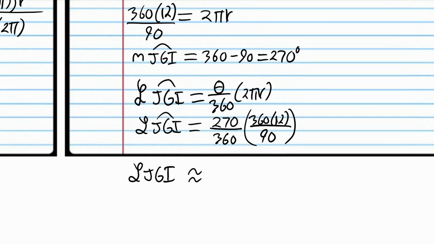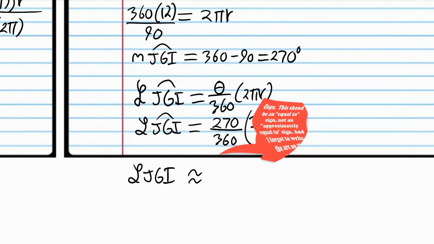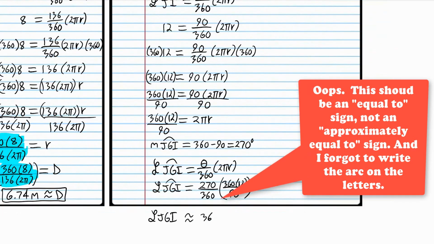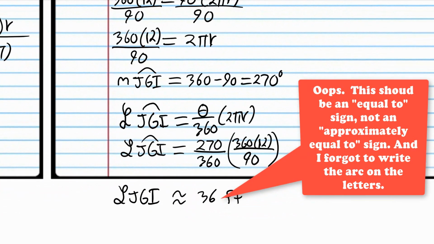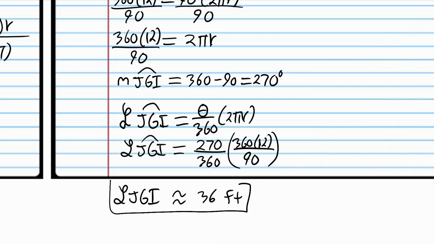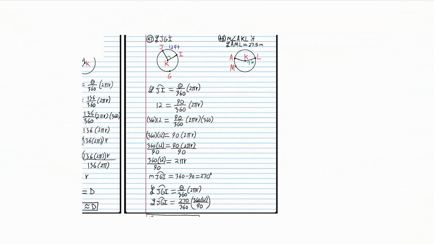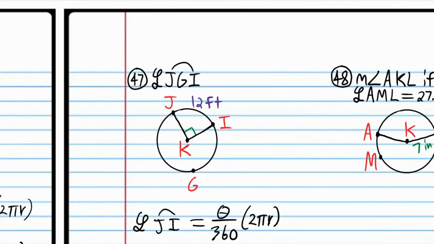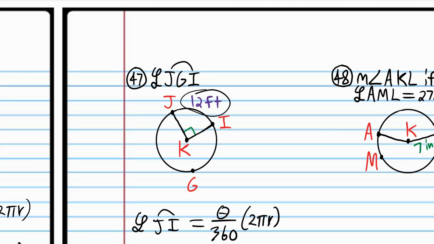And we get the length of the arc is 36, and that's 36 feet. So if you got that answer, good job. And that makes sense because if this arc is 12, that should be a fourth of the whole arc length, because 90 is a fourth.